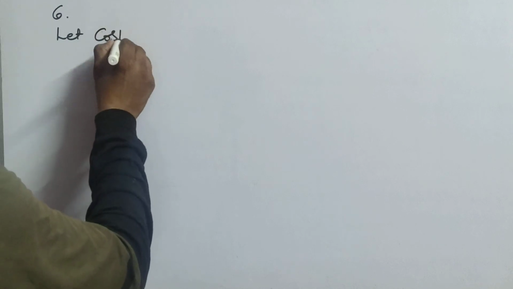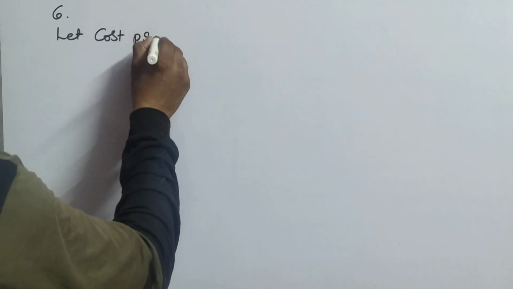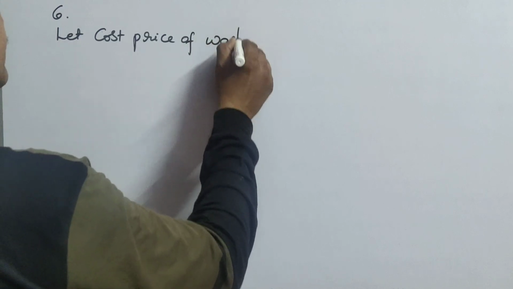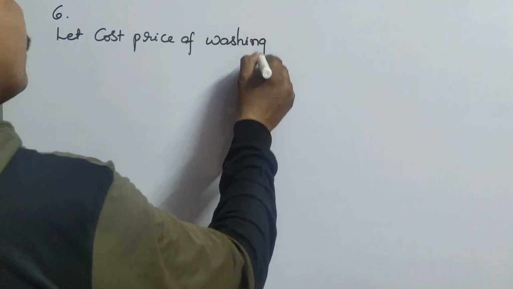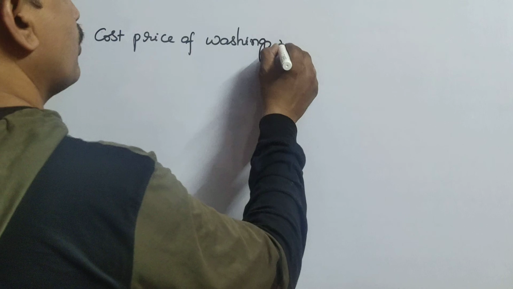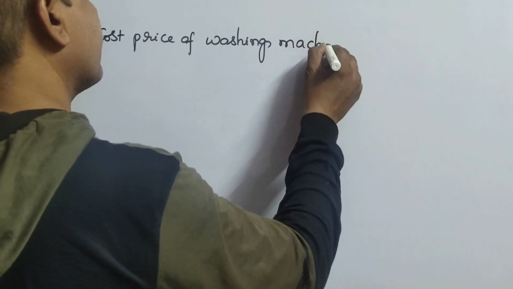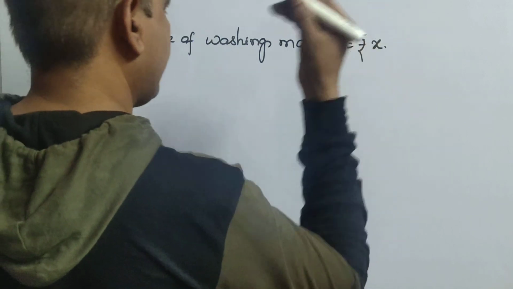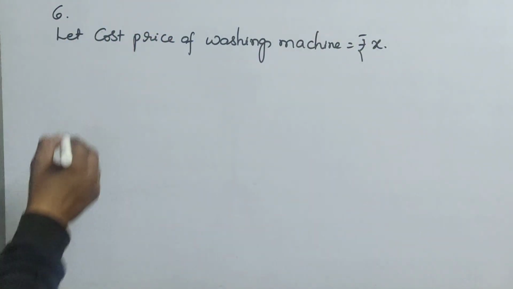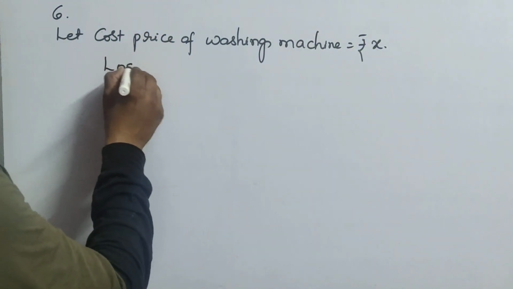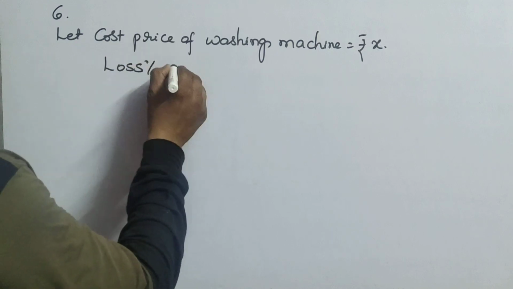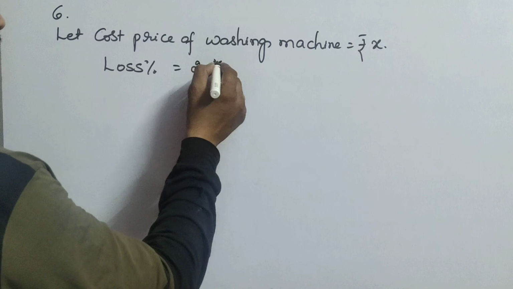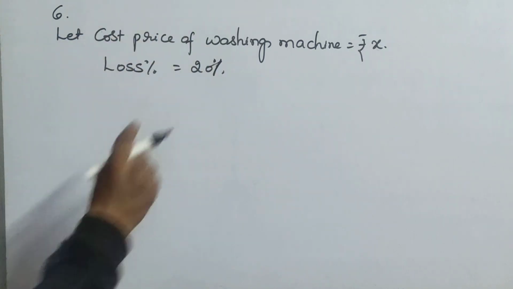So let the cost price of the washing machine equal X rupees. And a loss percentage is also given, that is 20%.